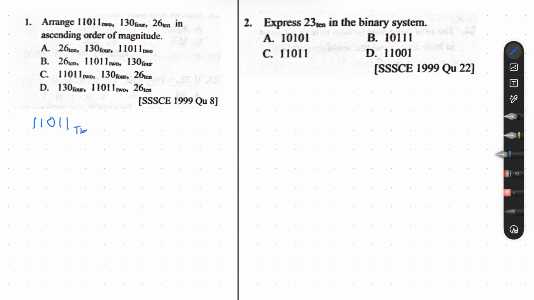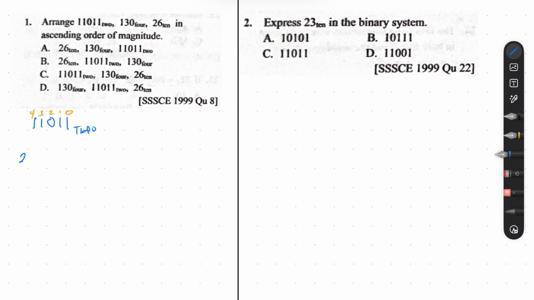So let's start from the one in base 2, which is 1 1 0 1 1, base 2, right? Okay, so as you know, we have to count the number of digits from right to left. So we have 0 1 2 3 4, right? So that's what we're going to use. We're going to raise 2 to the power of those counts, right?